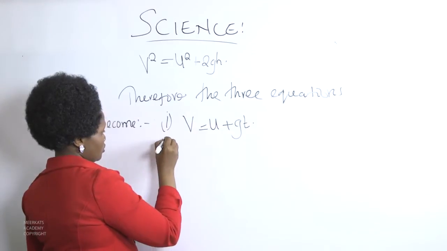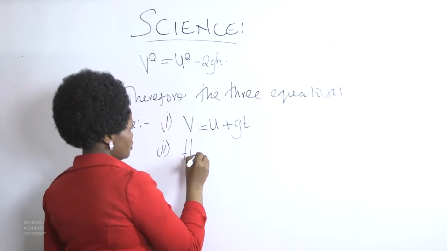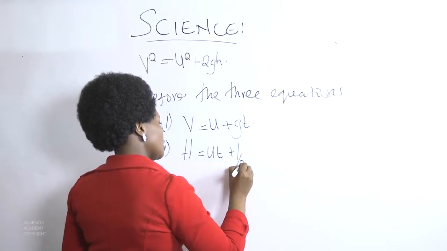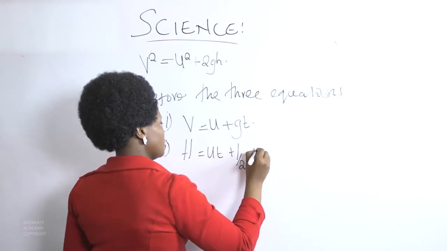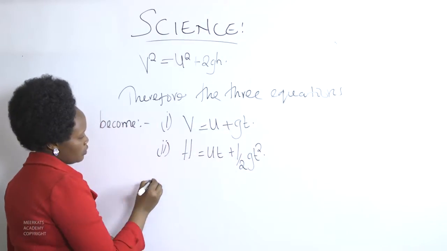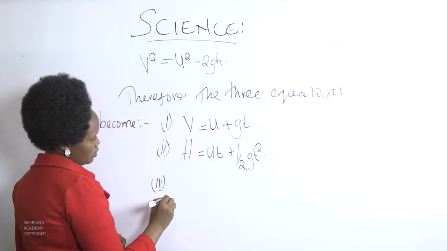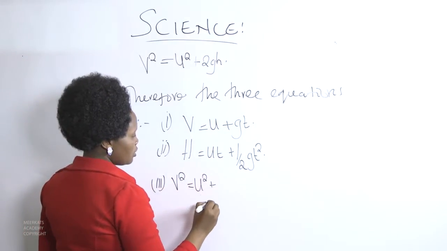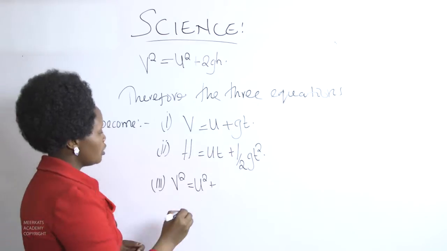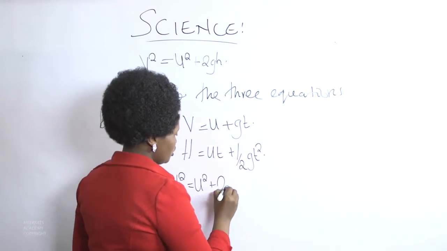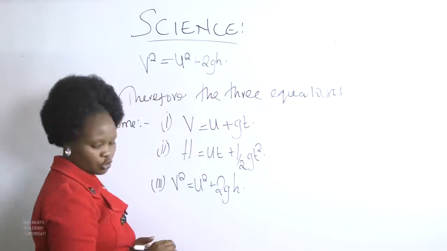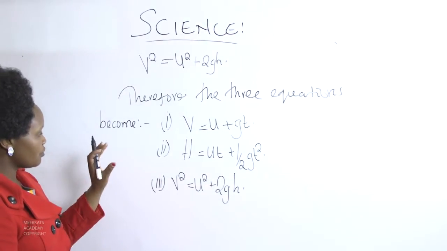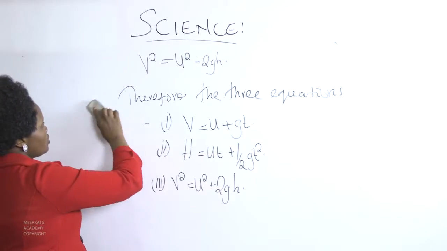The second equation, h is ut plus a half gt squared. Number 3, v squared is equal to u squared plus 2gh. Now that is for a body that is moving vertically downwards.